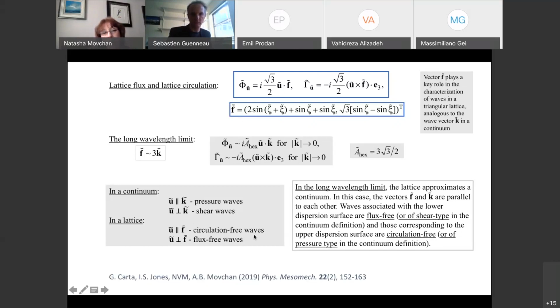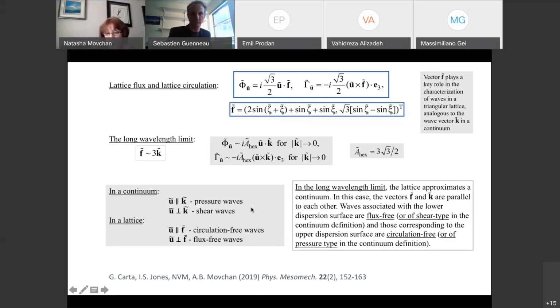Circulation-free waves, where vector u is parallel to the vector f, and in this case the circulation vanishes. And then flux-free waves, where the vector u is perpendicular to f, and therefore the flux is equal to 0. And as I said before, in the long wave limit, these two descriptions are very similar to each other.